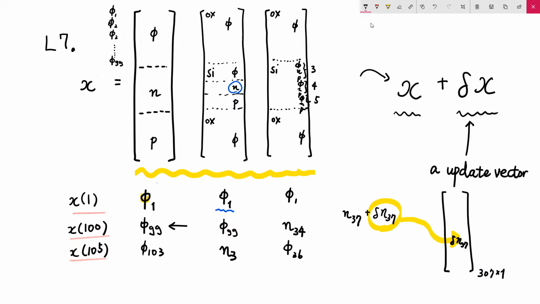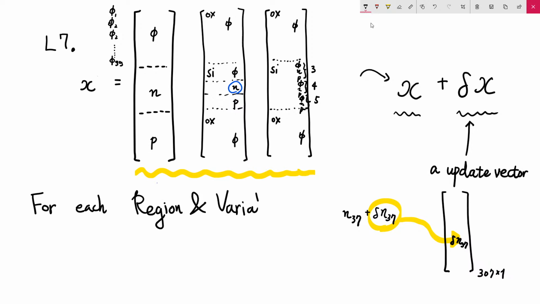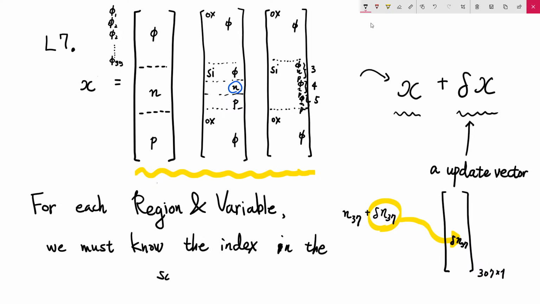Simply speaking, for each variable in each region, you have to understand that for each region and variable pair, we must know the index in the solution vector.